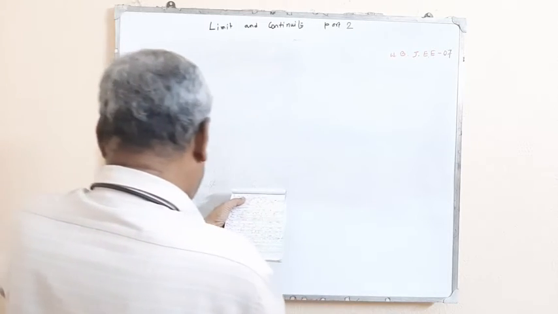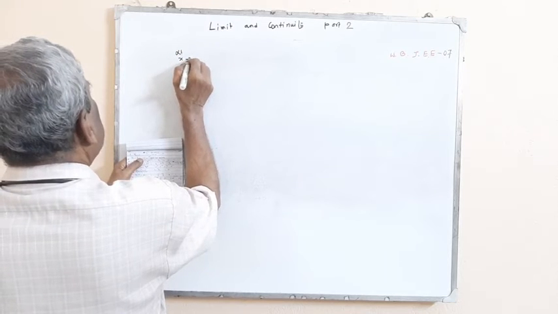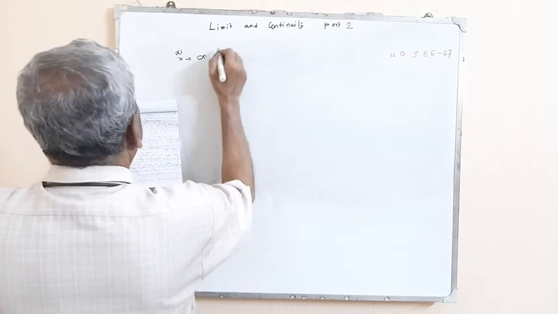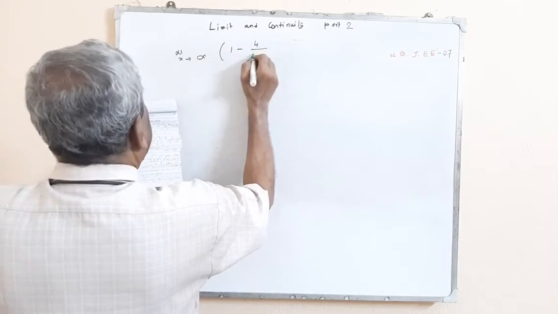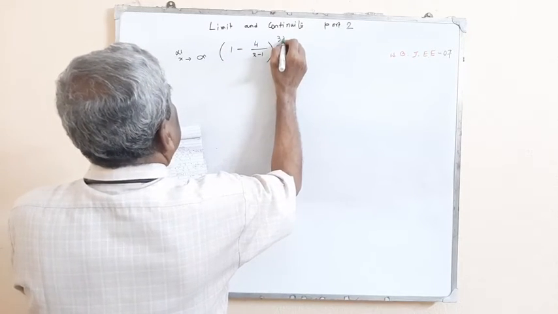Next problem is limit as x tends to infinity of 1 minus 4 by x minus 1, whole to the power 3x minus 1.